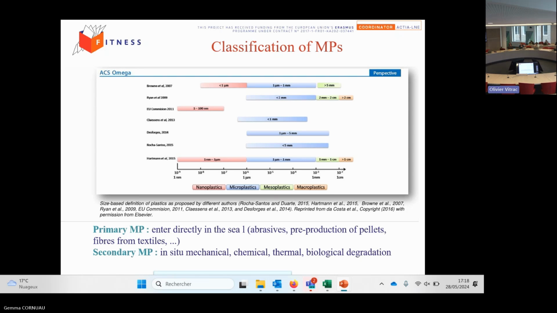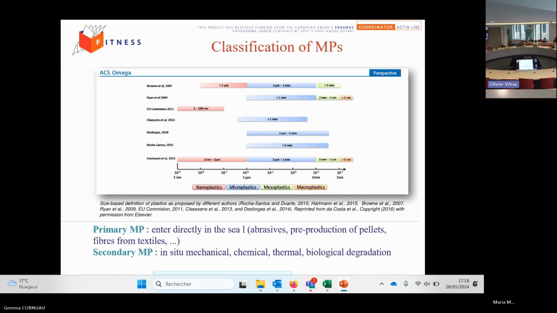They can be abrasives, pre-production pellets, fibers for textiles, for example. So they are already small particles when they are entering the environment, whereas secondary microplastics are formed in situ in the environment by mechanical abrasion, for example, or chemical, thermal, or biological degradation.